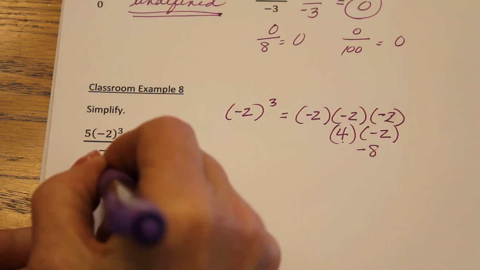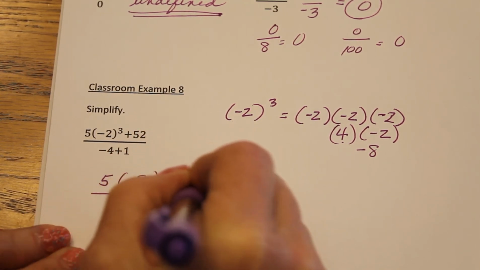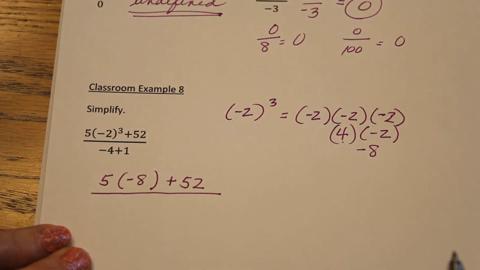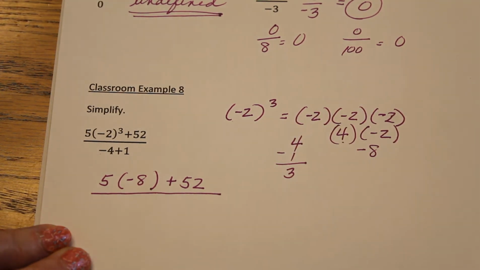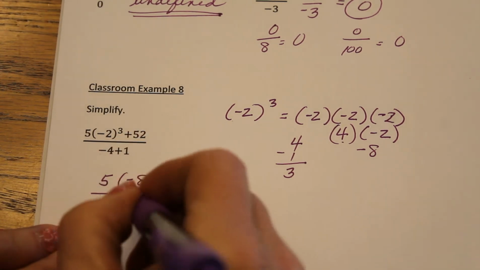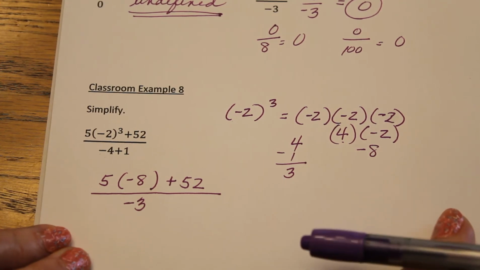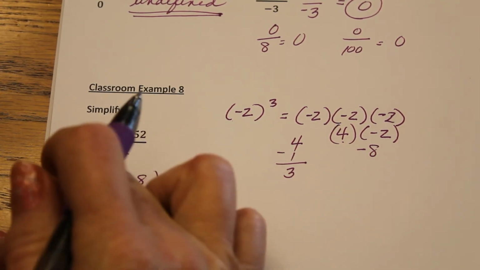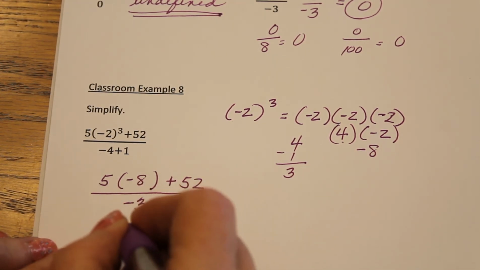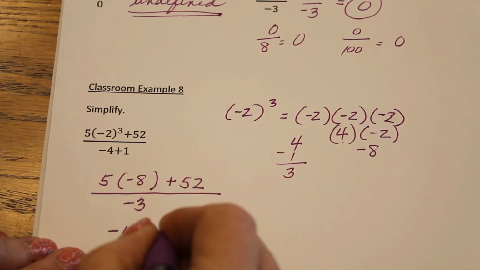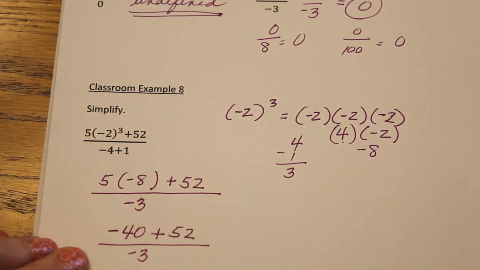So this is going to become 5 times -8 plus 52 over, and -4 plus 1, opposite signs you subtract. 4 minus 1 is 3, and keep the sign of the greater. The 4 is bigger than the 1, so my numerator is now -3. So now we're going to go left to right, multiplication before division. 5 times -8, a positive times a negative is negative. Bring down the plus. Bring down the 52, and my denominator is -3.